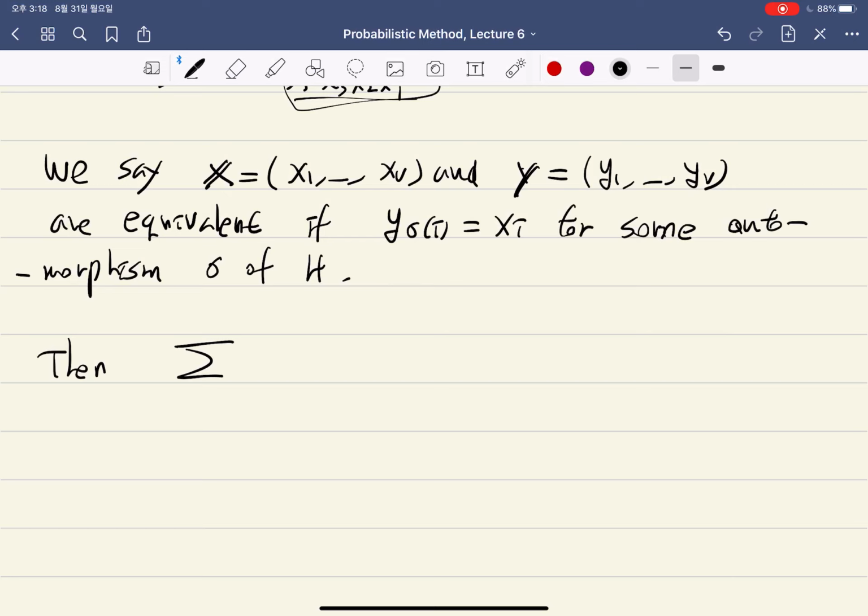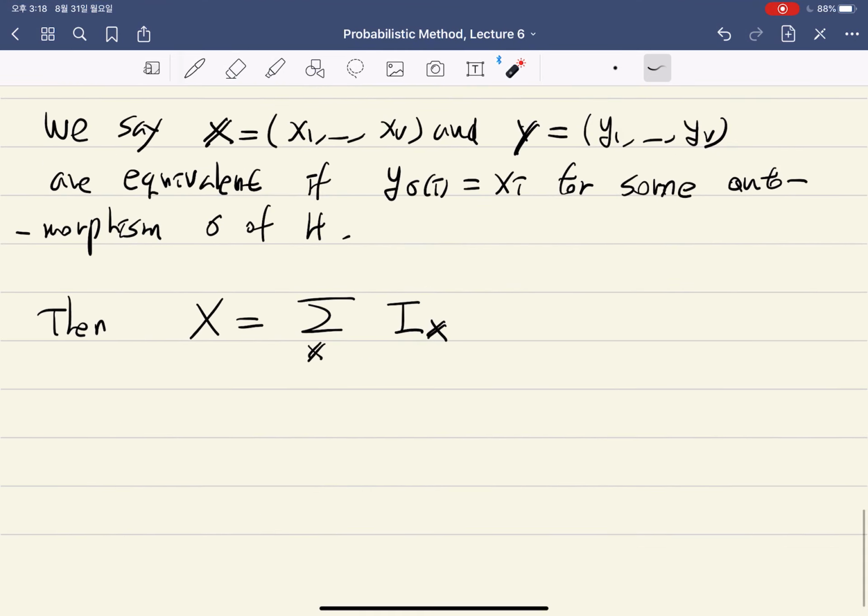Then X is the same as the summation of this indicator random variable, where the subscript runs over all equivalence classes we just defined. So for these two, we just add one.